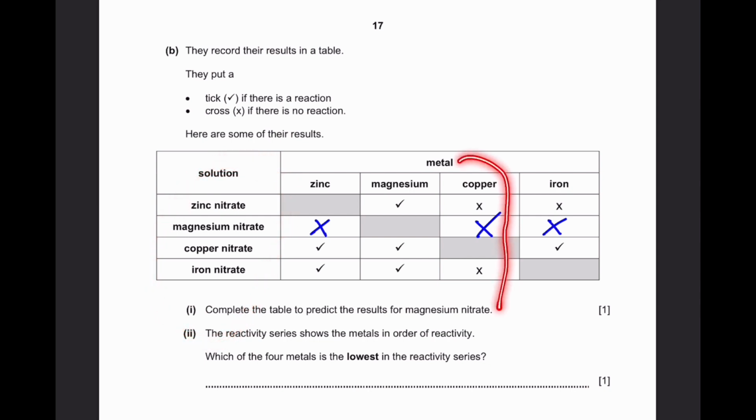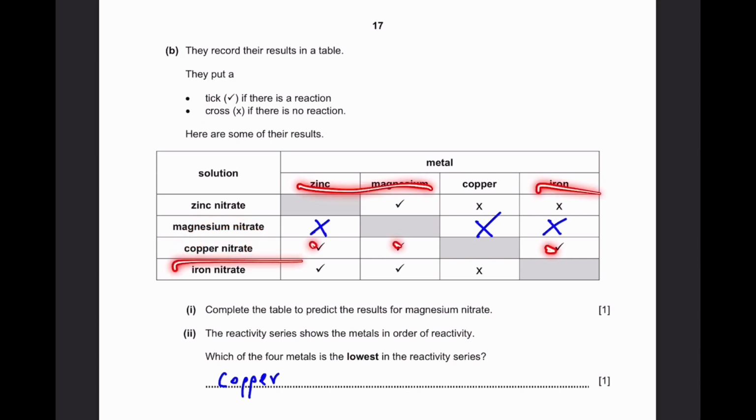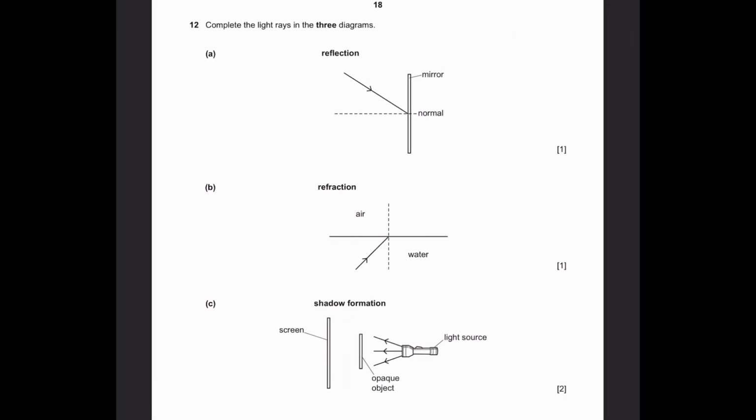We can see that copper does not react at all with anything. That means that copper is the lowest. Also, if we take copper nitrate, everything, zinc, magnesium, and iron reacts with copper nitrate, which means copper is also not so reactive compared to these three. This question is very easy if you know the reactivity series. That's the answer.